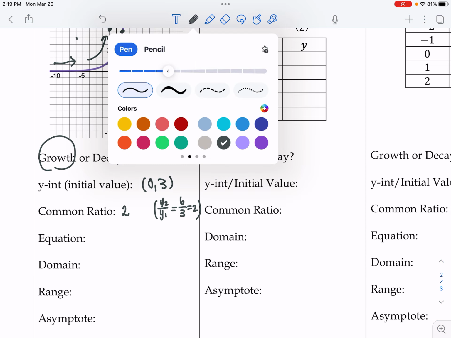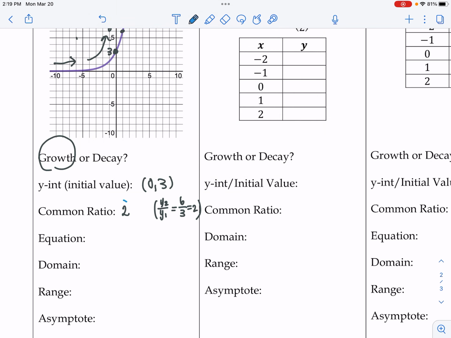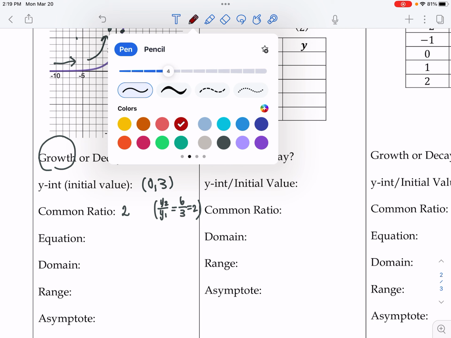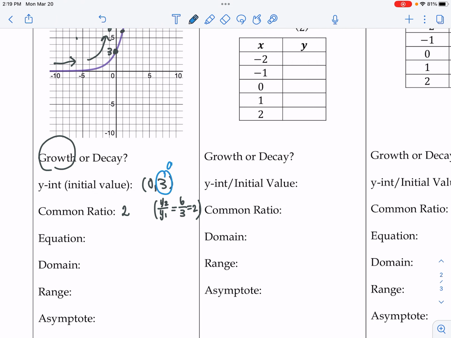Okay, and so now we have everything we need for our equation. The y-intercept is your a value, and your common ratio is your b value.